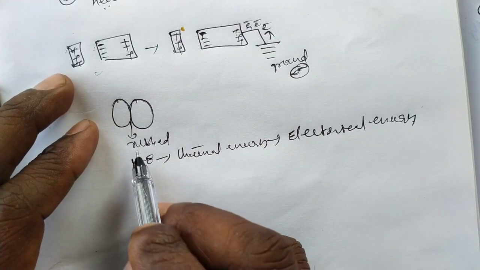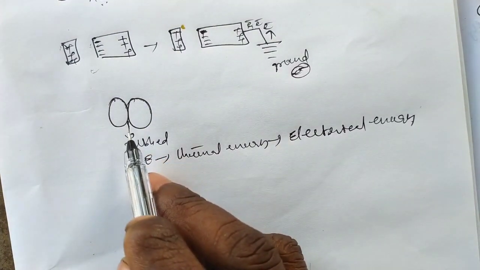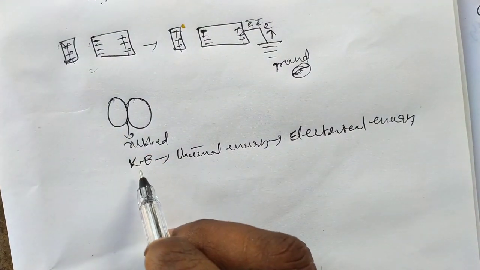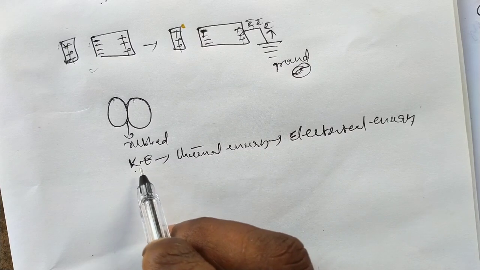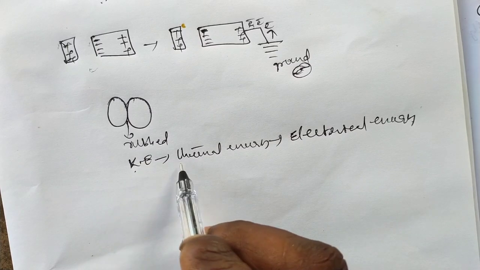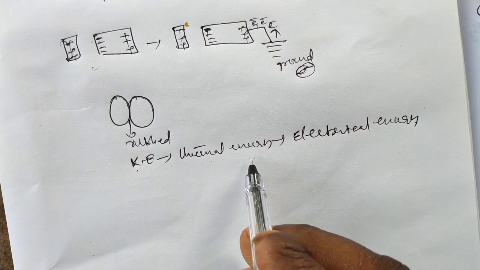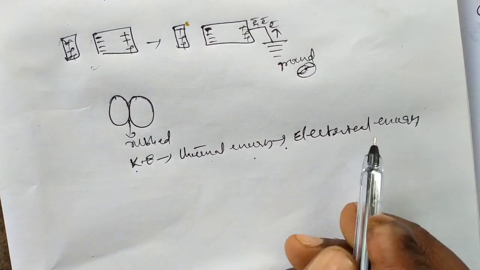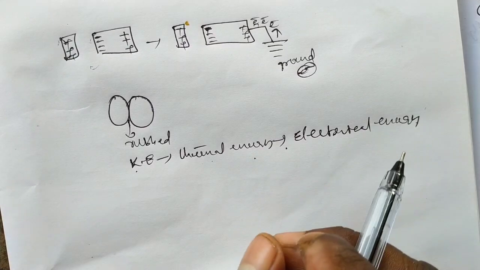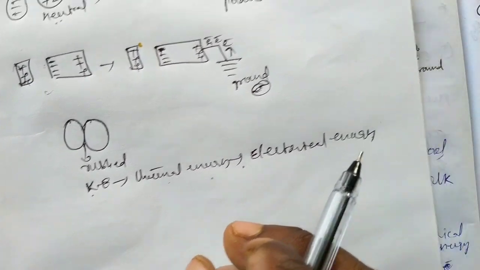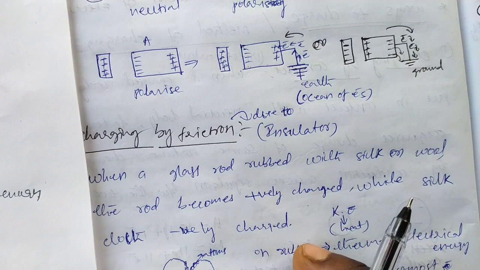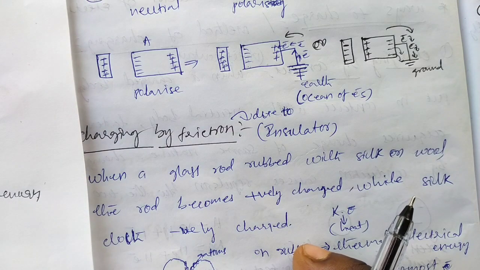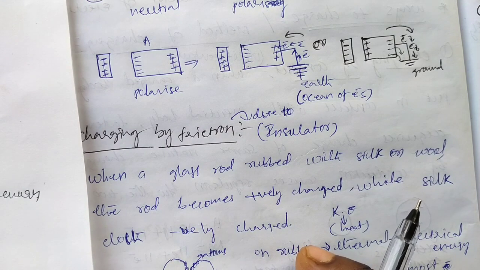So when we rub two insulator materials, kinetic energy is formed and transmitted into thermal energy. The thermal energy is converted into electrical energy. That's why they can attract paper strips and pith balls.